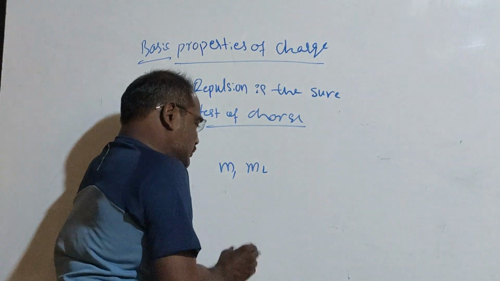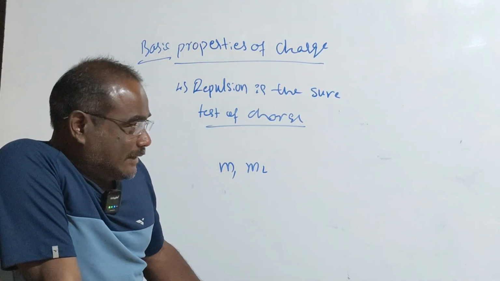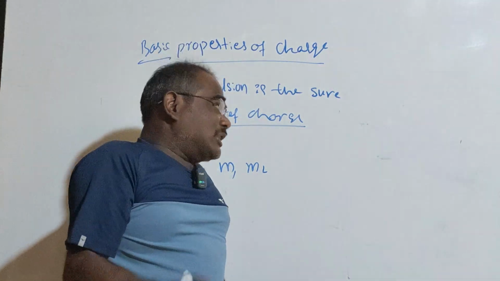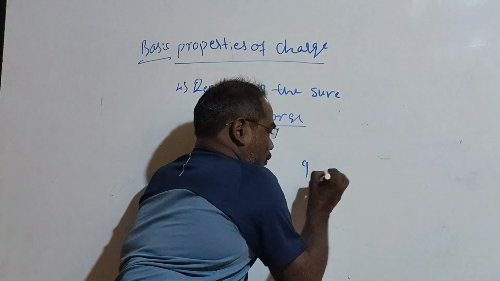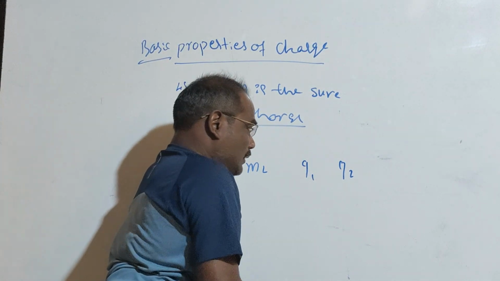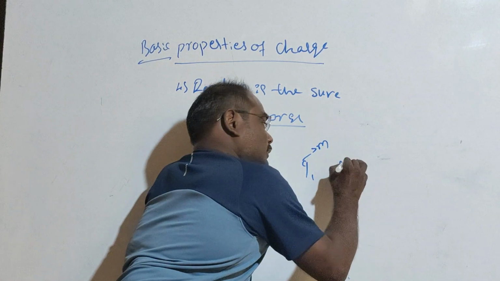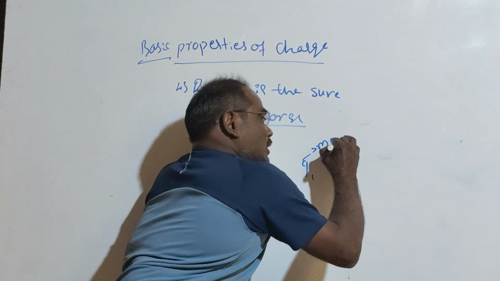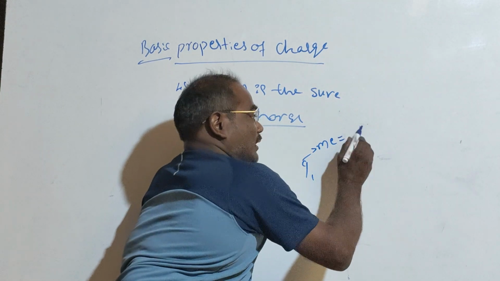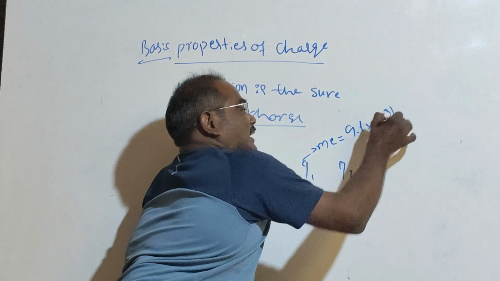There is always a force of attraction between these two. As I told before, masses always attract. Even charges also attract, Q1, Q2, because charges also have mass. The mass of an electron is nearly 9.1 into 10 power minus 31 kg.